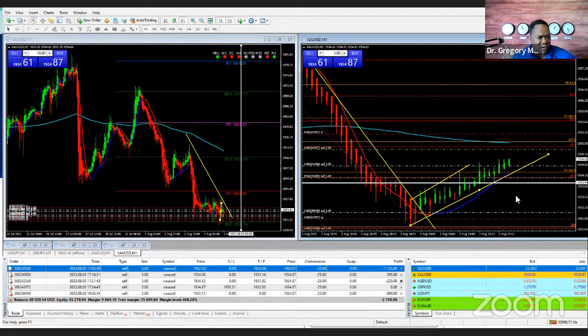So this is a very big announcement, and there's going to be a lot of positioning going on. If it comes out higher than expected, it could mean the Fed will have to continue to raise rates. That could be bearish for the stock market, and it could also shoot up the US dollar versus a lot of different currency pairs.